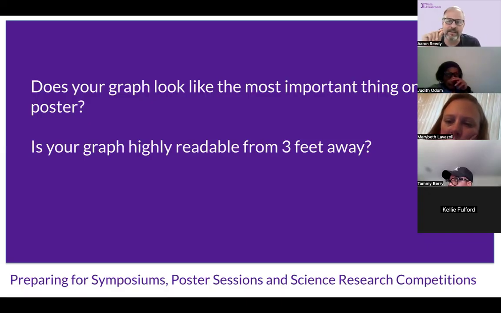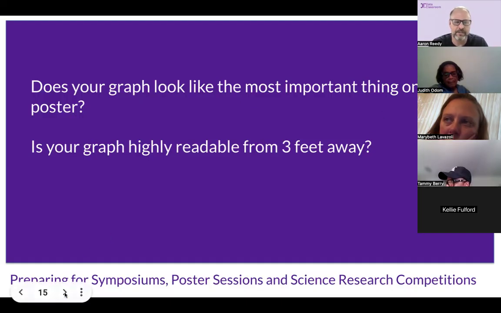That doesn't necessarily mean the numbers on every tick mark need to be readable, but the label saying what quantity or category is being portrayed on X or Y, I should be able to see it from 3 feet away, if not further. So those are questions that I'm going to ask students every time, and I'm going to want to coach my students to get in the habit of asking those questions of themselves. And when we get to the checklist, those are the kinds of things that are in there.